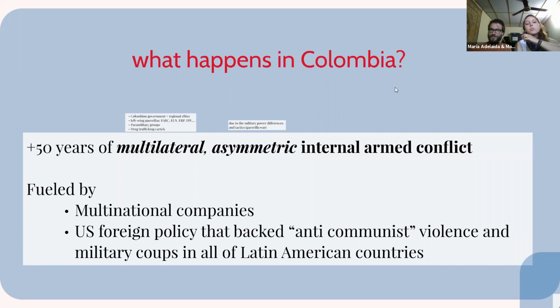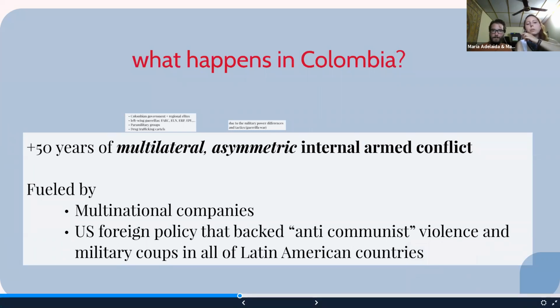And this has been fueled by multinational companies and the US foreign policies that have backed anti-communist thinking and military coups in Latin American countries.